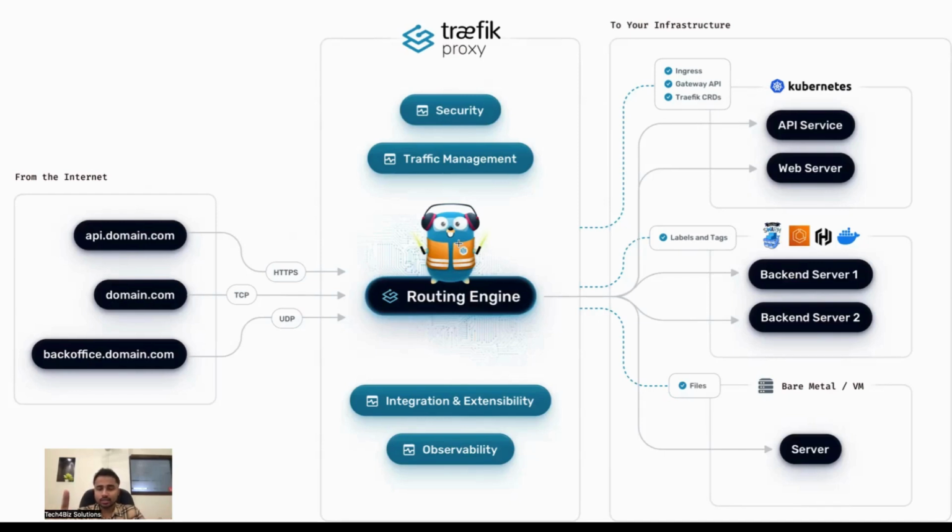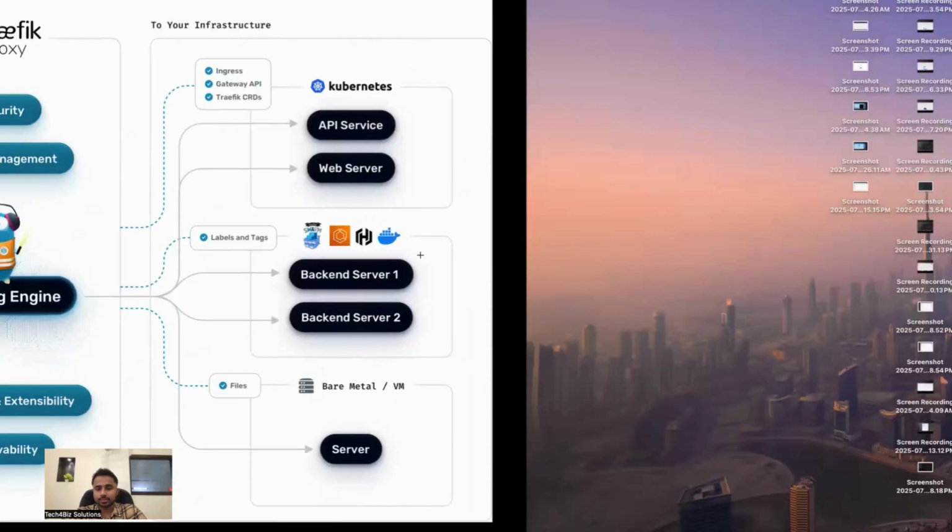We can only use port 80 once if we are exposing to the outer world, and internally it's hard to remember. So Traefik will do dynamic reverse proxying. This is the architecture, and they have pretty good documentation. Just go through it and it will be very helpful for you.